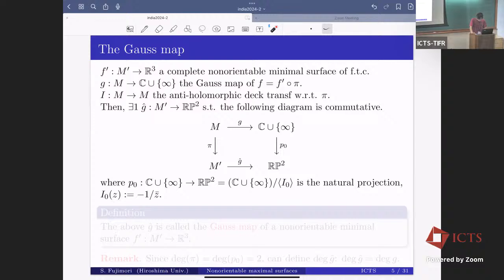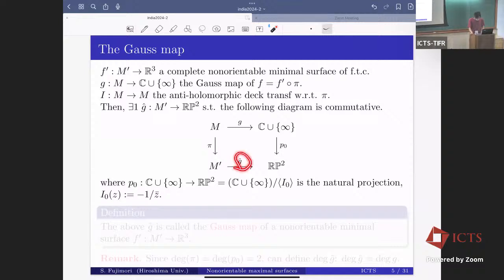So this is pi, the double cover, and this G hat, and G, and this P naught is the standard double cover, the natural projection from CP1 to RP2. So it identifies antipodal points.